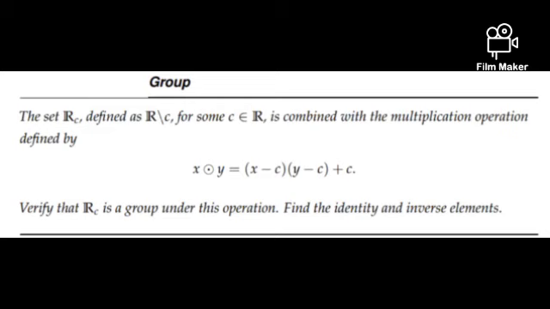For a student who has not taken abstract algebra, this question is likely to present an algebraic challenge because it is easy for that student to confuse the two types of product: the product obtained by ordinary multiplication of real numbers and the product of x and y obtained by this binary operation defined by x dot y equals the product of quantity x minus c and quantity y minus c, plus c.